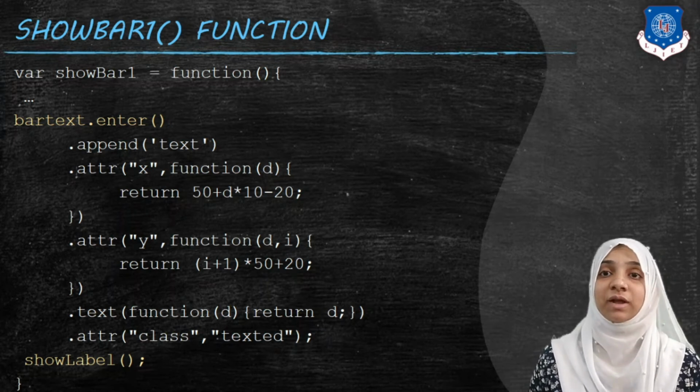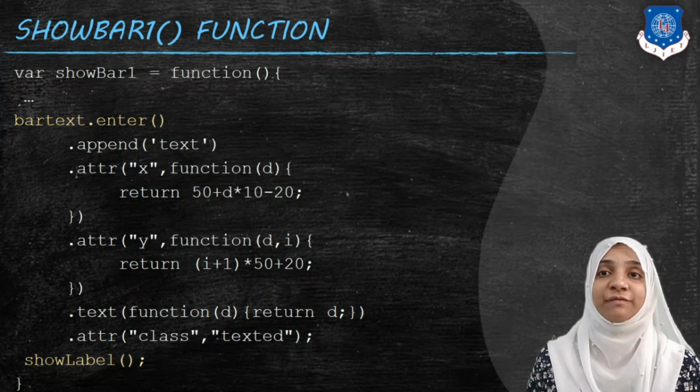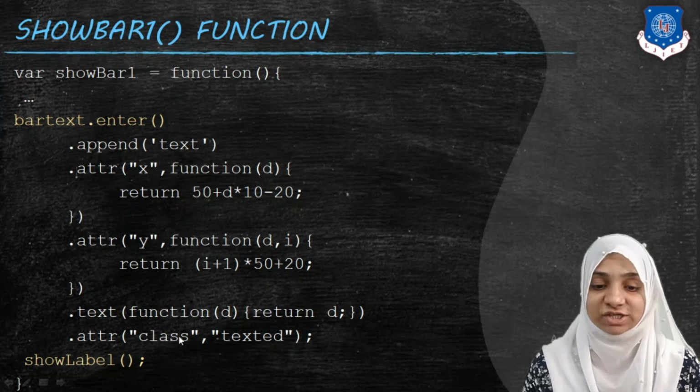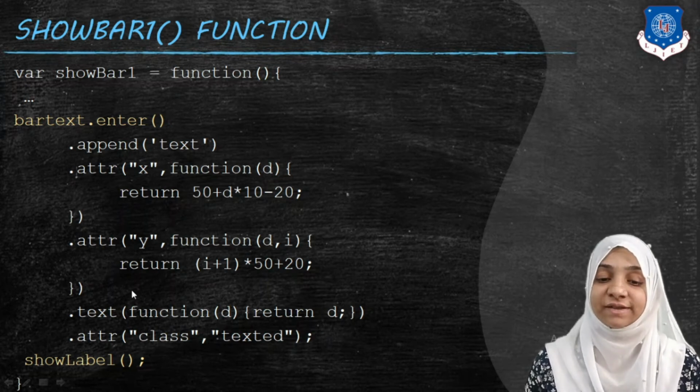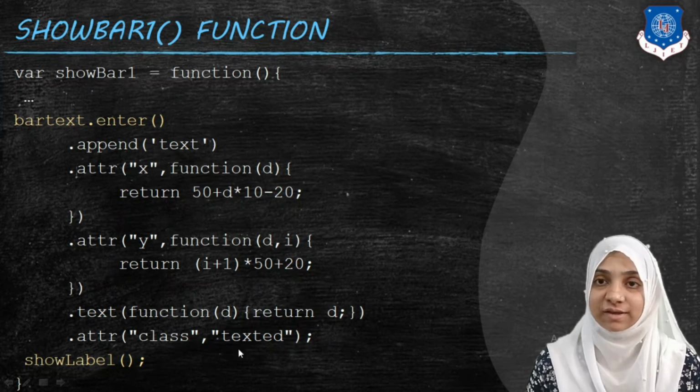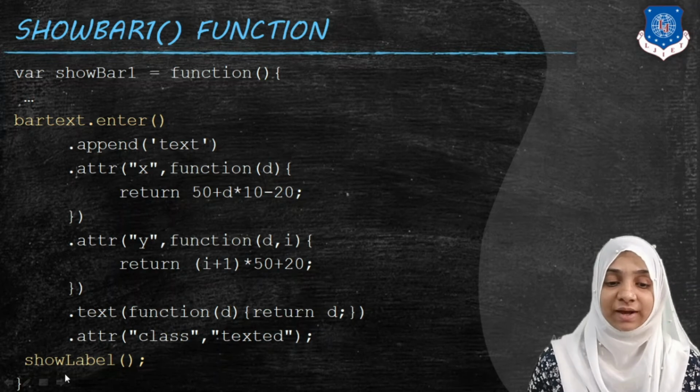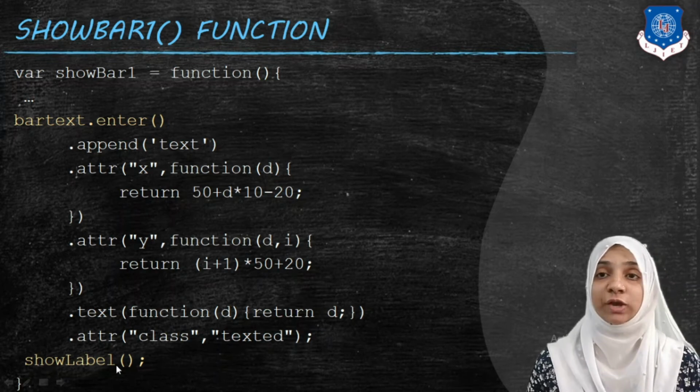Say for example the height and font of text, color of text, so all those things are written inside style sheet. That's why I associate this particular text label with some class that is called as text. I'll show you what this CSS style is. And at the end I call show label method.